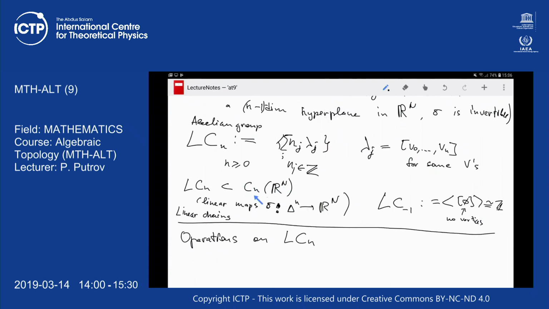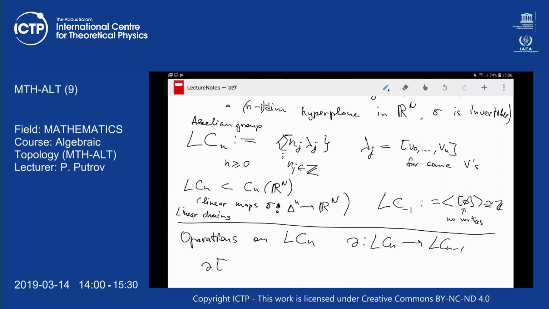Again, here we had a boundary homomorphism, and we will again have a boundary homomorphism here. In principle, it can be assumed to be just a restriction of the boundary homomorphism on this guy, which we already know how it's defined, but one can write it more explicitly.